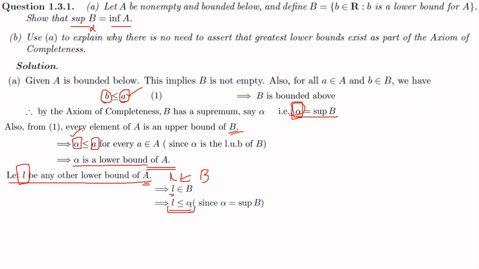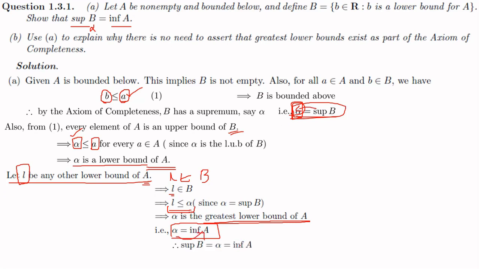Now this means that alpha is the greatest lower bound of A. Greatest lower bound of A means the infimum of A, and so we get alpha is equal to infimum A. Therefore from this and this, we get supremum of B is equal to alpha, which is equal to infimum of A. This completes the proof of part A.